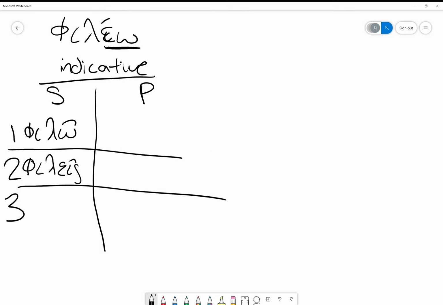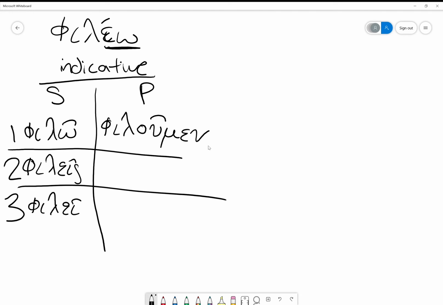Philes, which looks the same, but we have a circumflex. Phile also looks the same, but there's a circumflex. This is where it changes. Instead of phileomen or philomen, we have philumen.